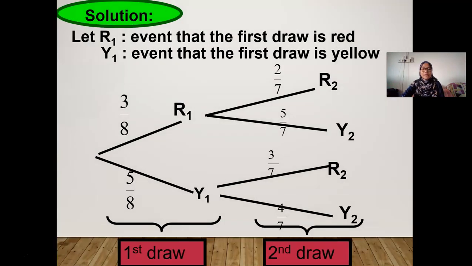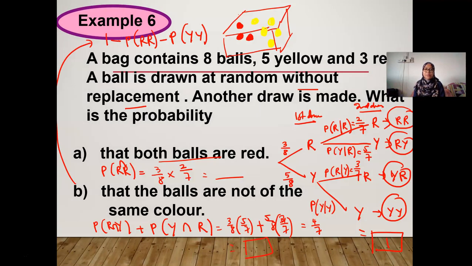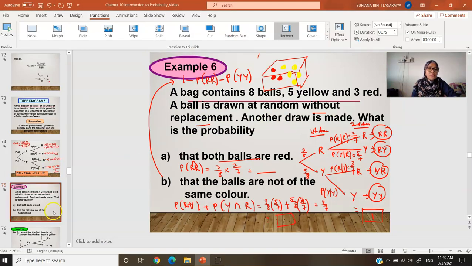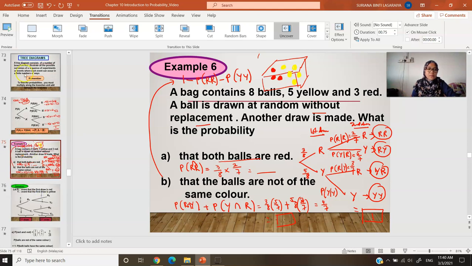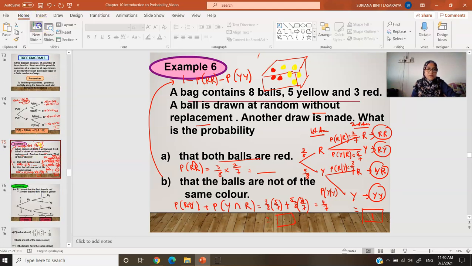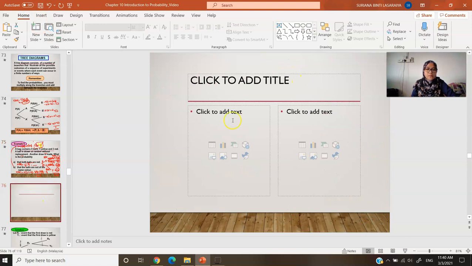But what happened, by using the same example, but I change the question with replacement. If I say the question is with replacement, what happened to your probability?